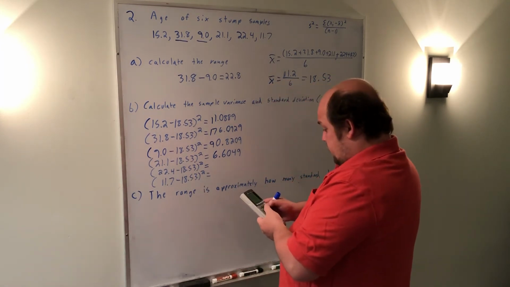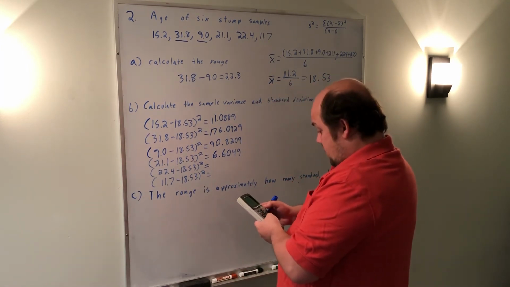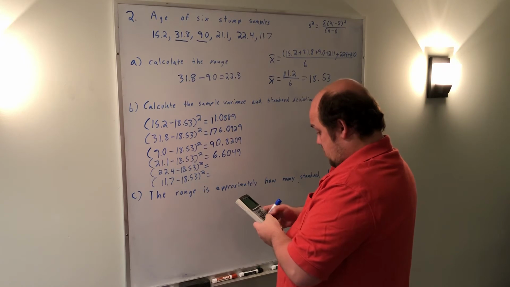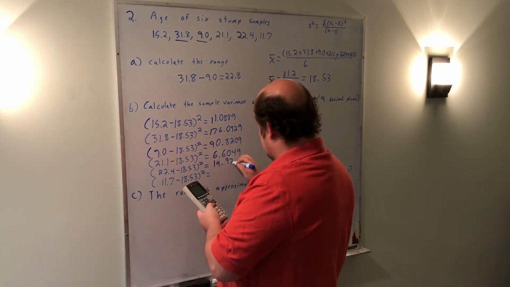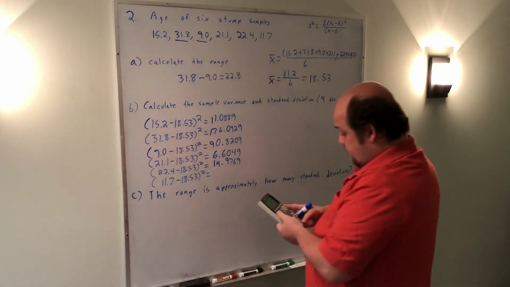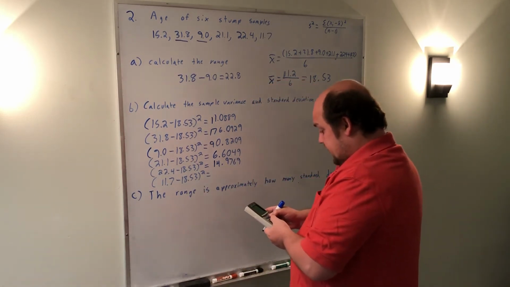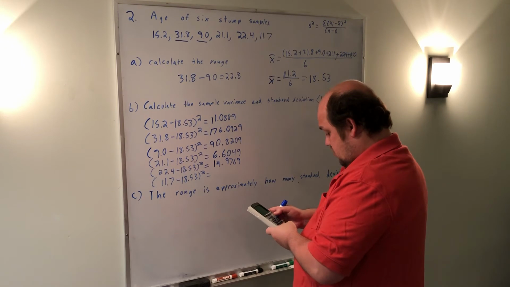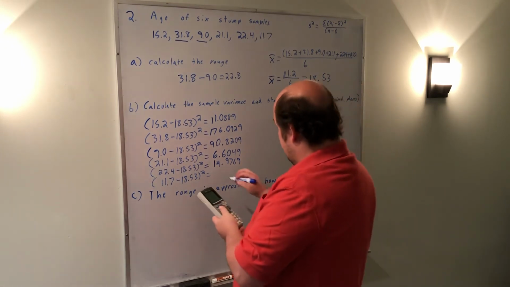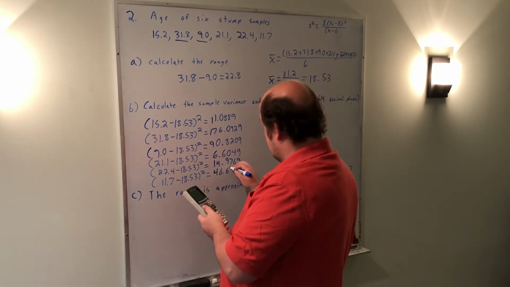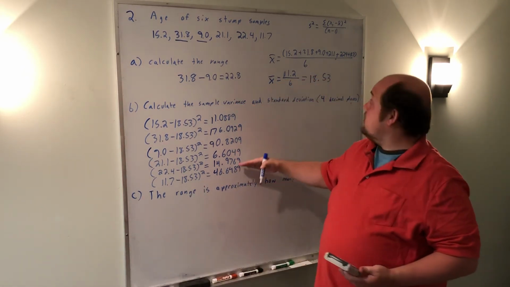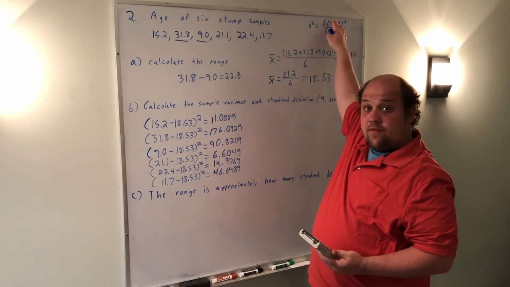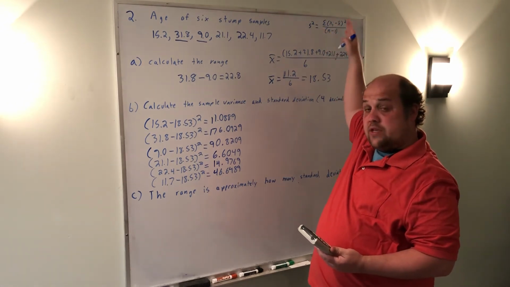When I do it for 22.4, I get 14.9769. And finally, when I do it for 11.7, my answer is 46.6489. I now have 6 values for the squared distances from each individual data point to the mean.